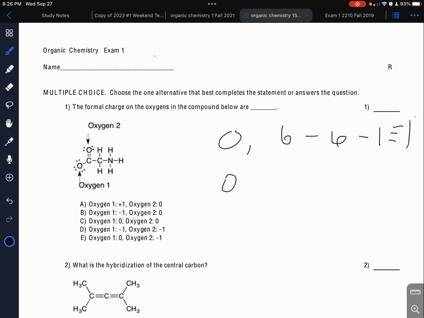Oxygen 2 also has 6 valence electrons, 4 lone pair electrons, 2 bonds, that's 0. So I'm looking for a -1 and a 0. I can already say oxygen 1 should not be +1. It has to be B.